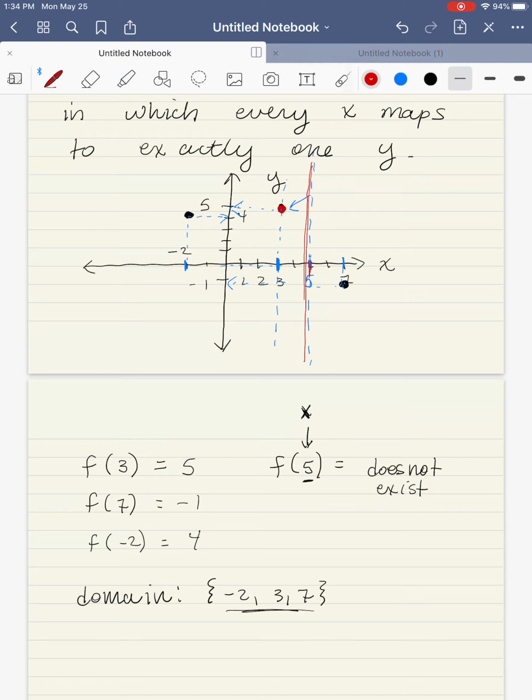Also notice on this, because it is a function, any place that I draw a vertical line straight up and down either doesn't touch the graph anywhere or only touches it in exactly one spot. So that tells me for every value of x, there's a single value of y. And that's because it is a function. This is what's called the vertical line test.